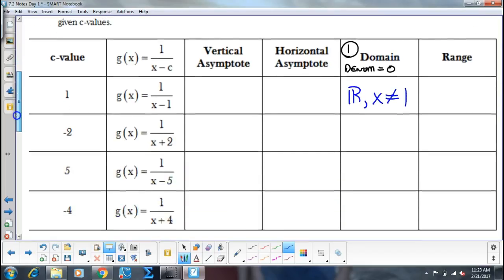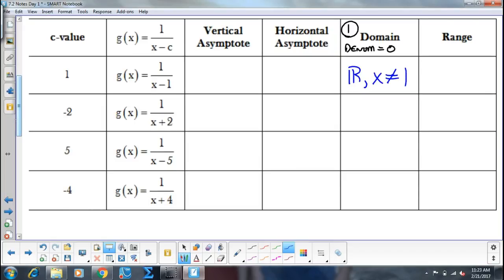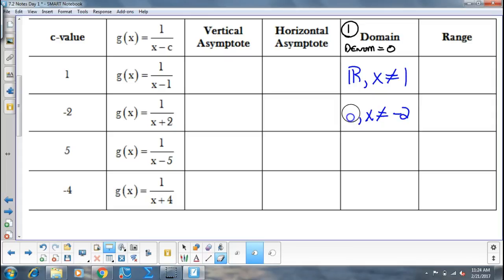In the second one, all real numbers except x cannot equal negative 2.